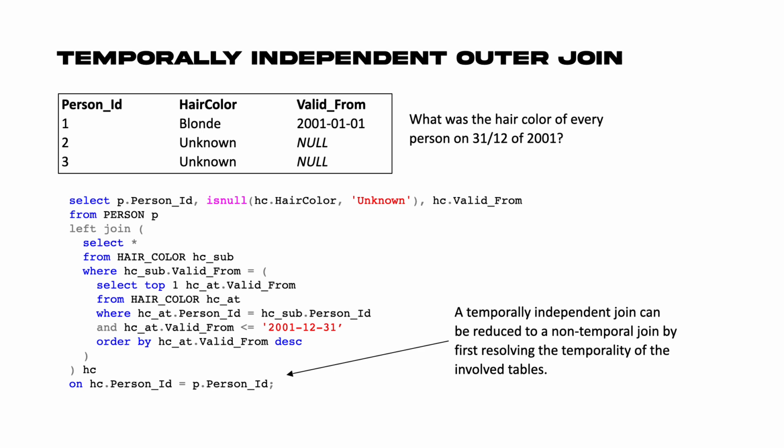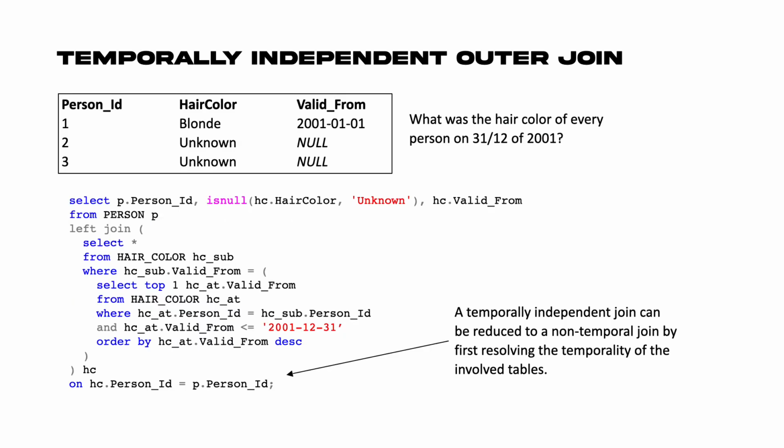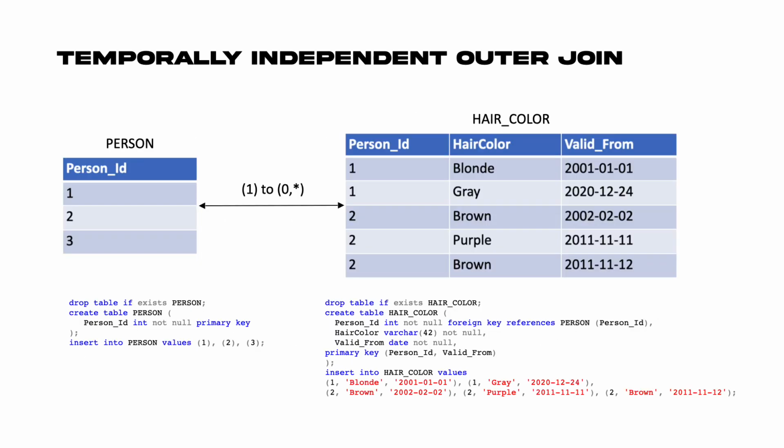And if we move back and check the table at the top there, on the 31st of December 2001, you can see that we should know what the hair color of person 1 was: blonde. Whereas for person number 2, you can see that the first value that we're aware of, the brown color here, is actually from 2002.